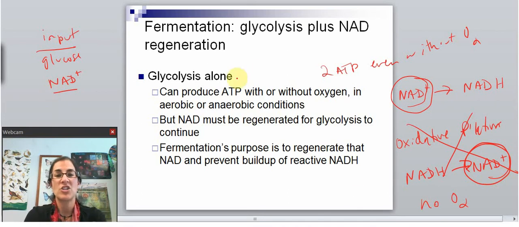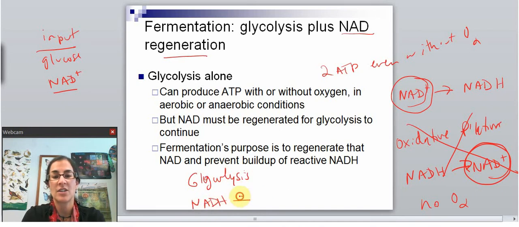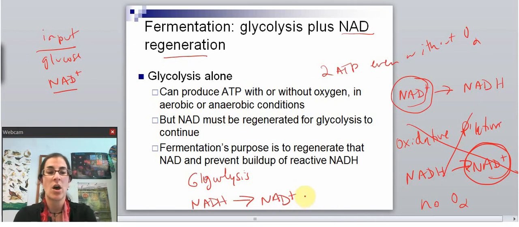So fermentation will have to have a different way to make NAD+. Right? So it's glycolysis, which is going to make the ATP, but then it also needs an extra reaction that's going to take NADH and convert it back to NAD+, because oxidative phosphorylation is not occurring without oxygen.